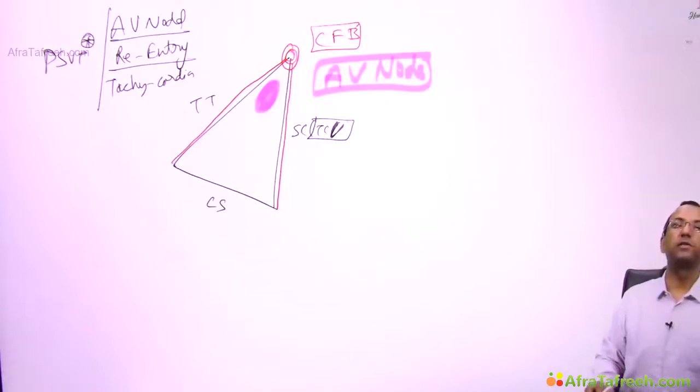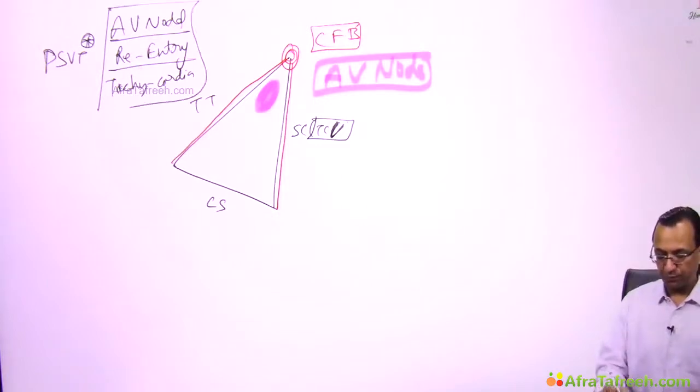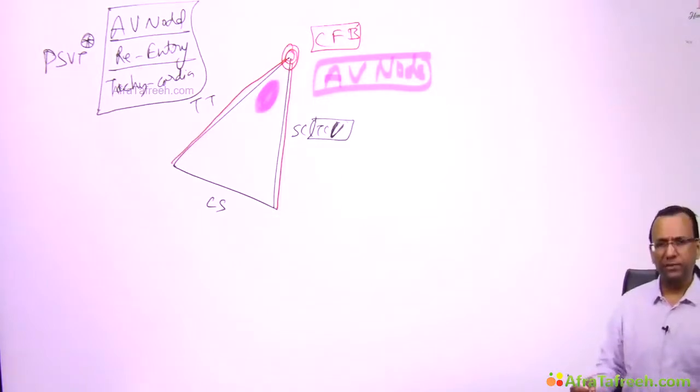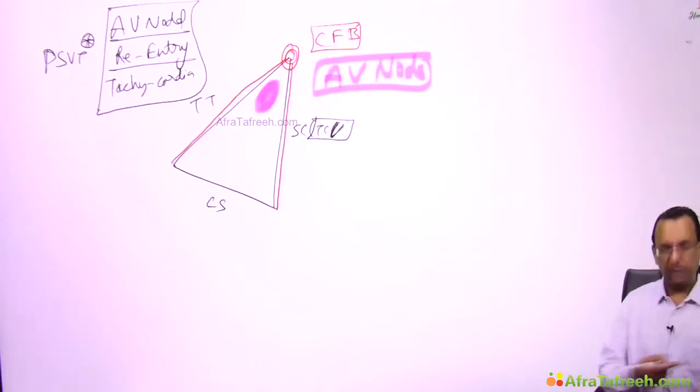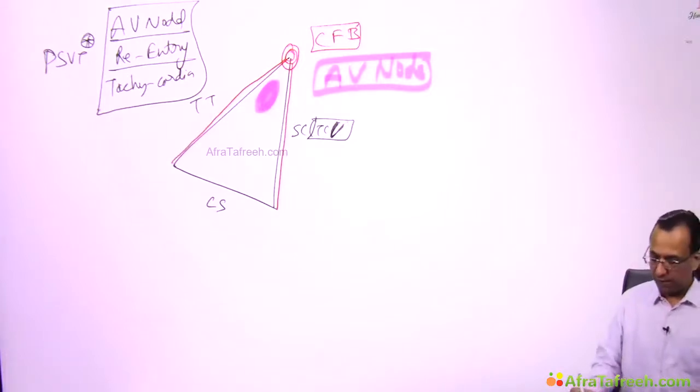Paroxysmal supraventricular tachycardia. Now, when you got a case of paroxysmal supraventricular tachycardia and it is AV nodal re-entry tachycardia, what are you supposed to do? I will manage the emergency by injecting some drugs and giving some oral drugs, but I will post this patient for radiofrequency ablation.